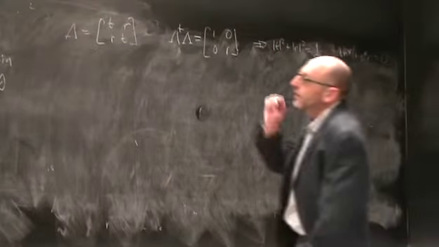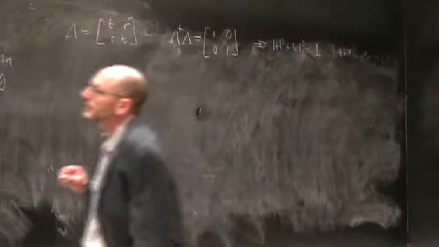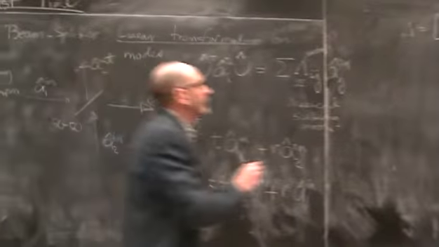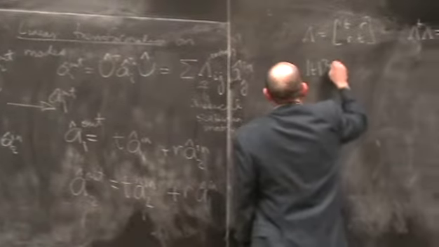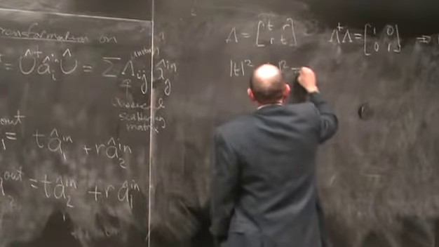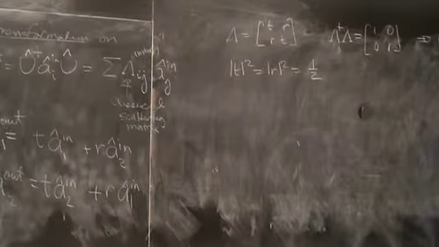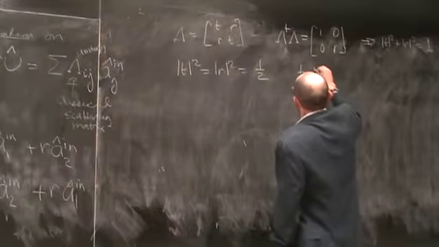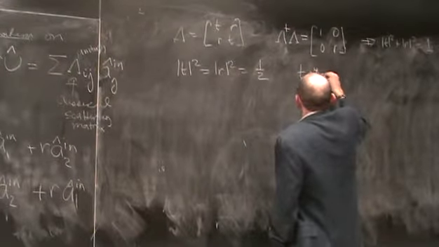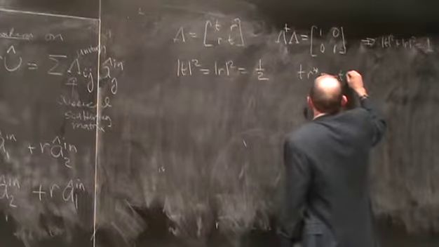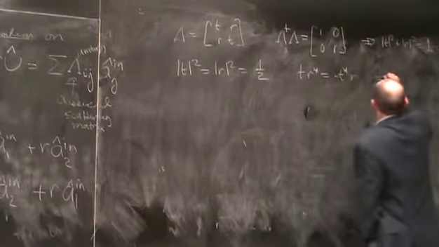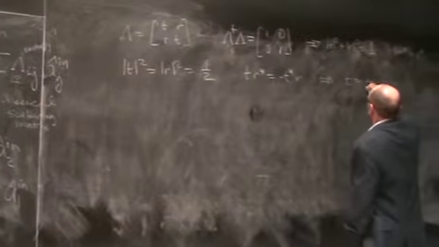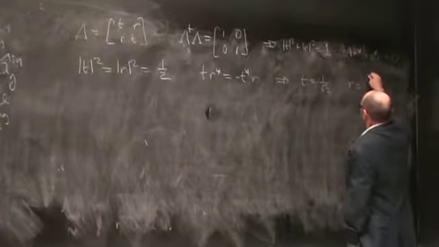So if I'm looking at a balanced scheme, then this is a 50-50 beam splitter, which means that T squared equals R squared is a half. And since this has to equal 0, we have that T R star is equal to minus T star R. So for example, we can choose the transmission to be 1 over root 2 and the reflection to be i.